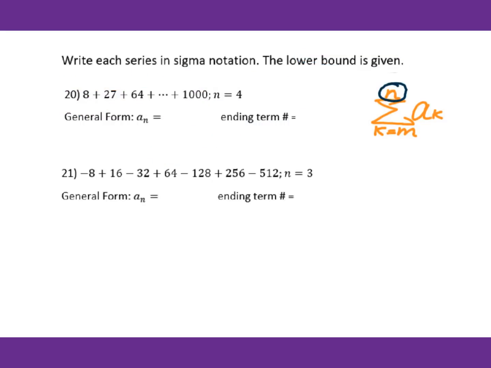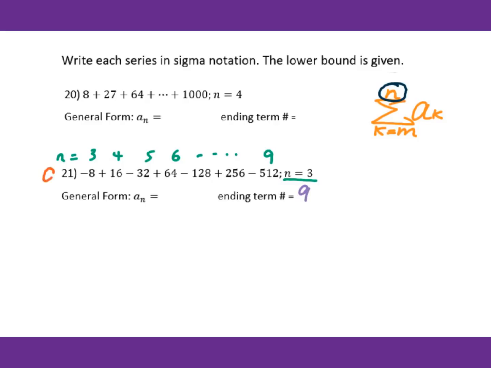For number 21, n equals 3. That means n equals 3, 4, 5, 6. Keep going. We have 7, 8, 9. So we got the ending term number is 9.